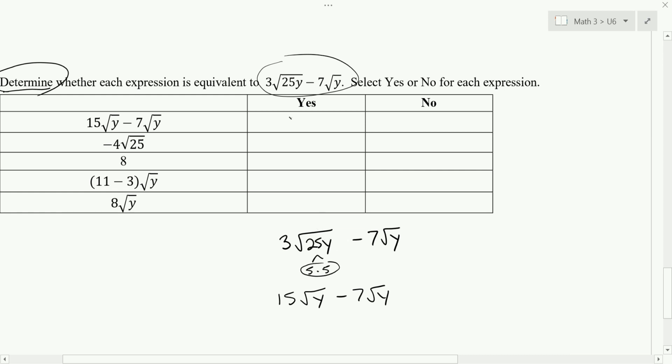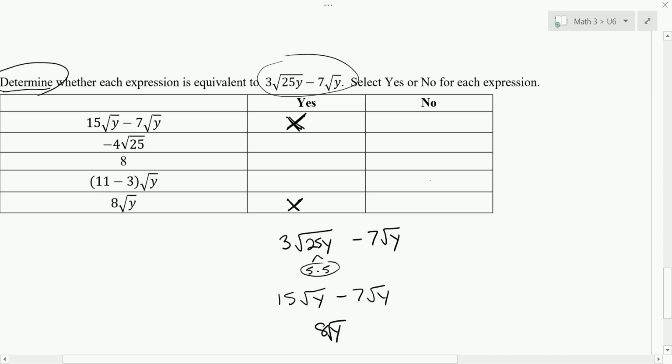Yeah, first one, right? So we're going to hit yes on the first row. Then let's keep going. 15 minus 7 is 8. We get 8 square root y, sorry. And then let's see, do we see that? Yep, right here, last row.